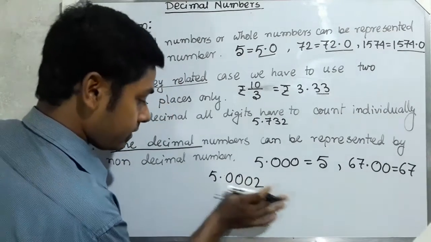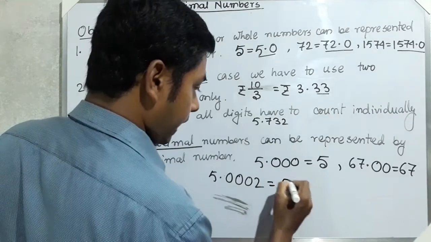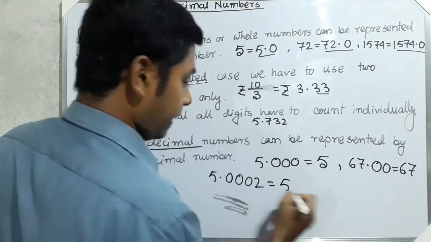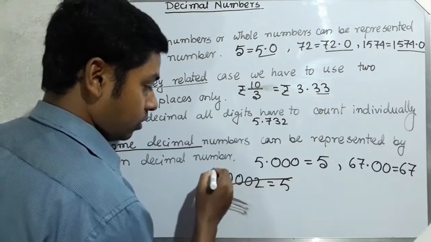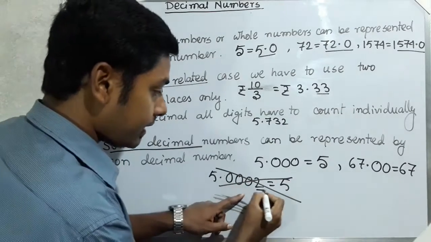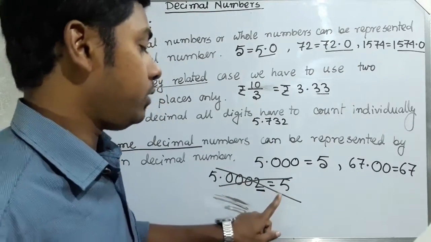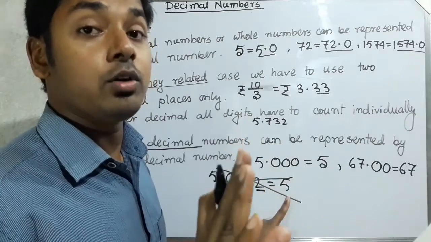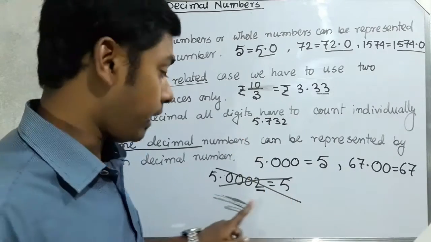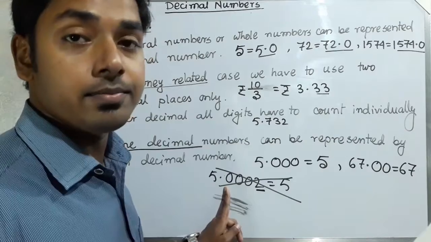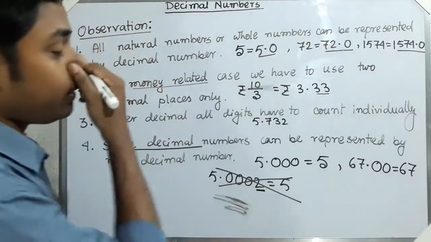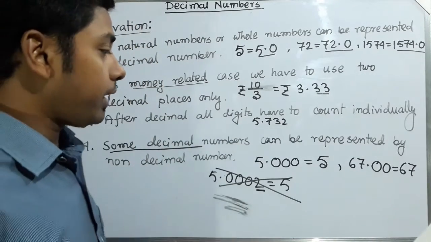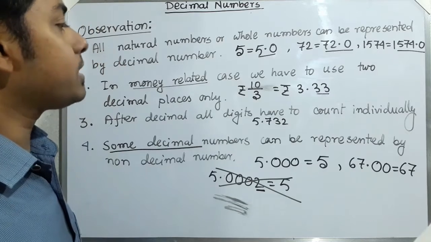I'm writing here, you cannot write like this. This is wrong. Whenever you are having digits after the point, then you cannot ignore the zeros, or you cannot ignore the decimals.